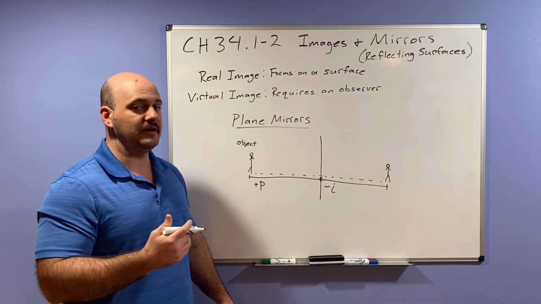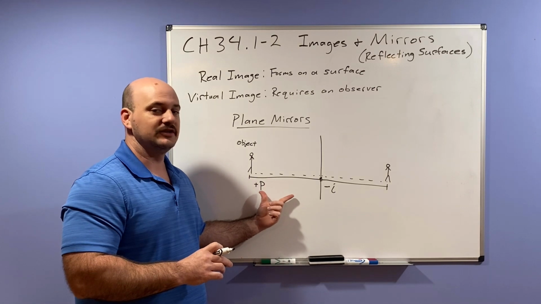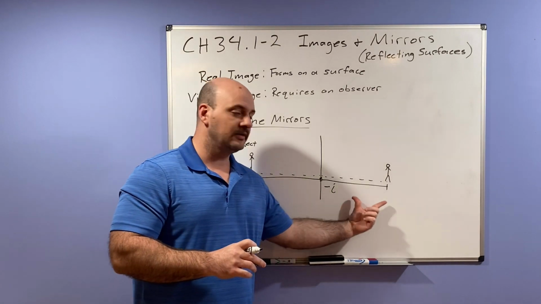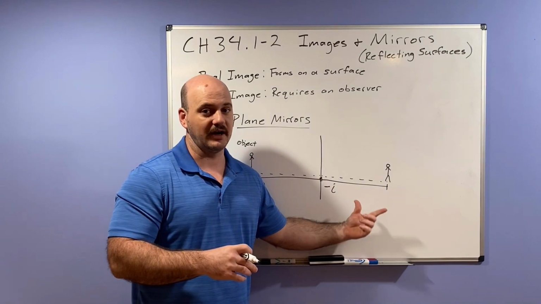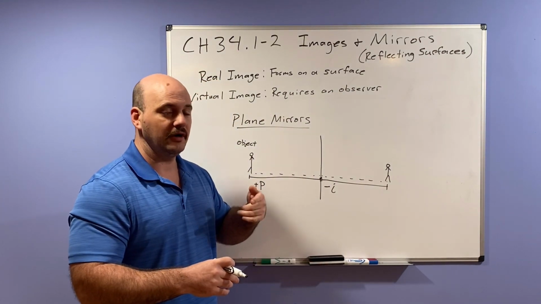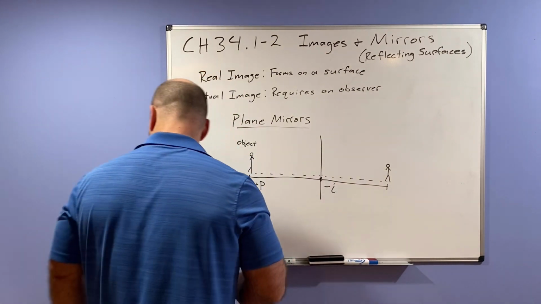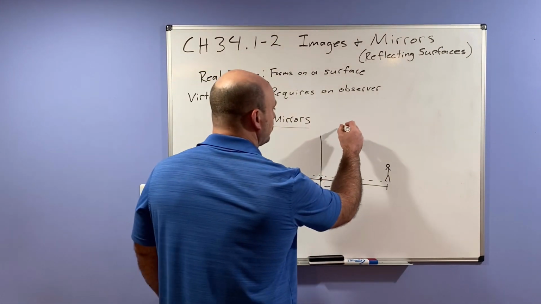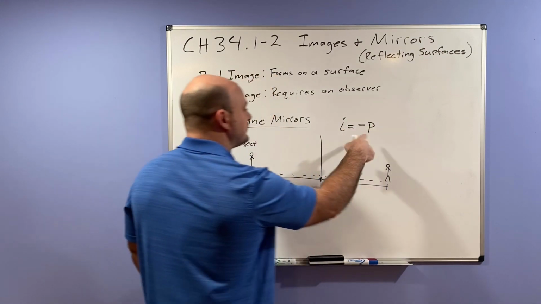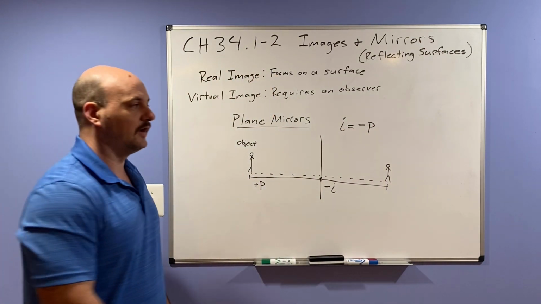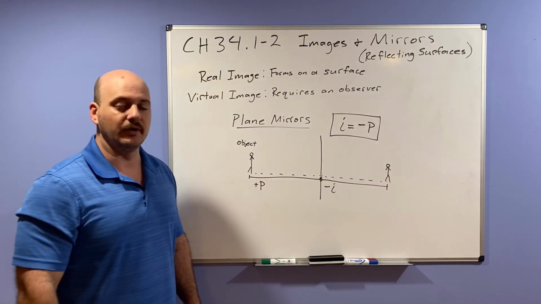And we know for plane mirrors that the object distance is always going to be the same as the image distance, just on the opposite side. If you're 10 feet in front of the mirror, the image is going to look like it's 10 feet behind the mirror. So we can write for plane mirrors that the image distance is equal to the negative of the object distance. This is always true for plane mirrors.